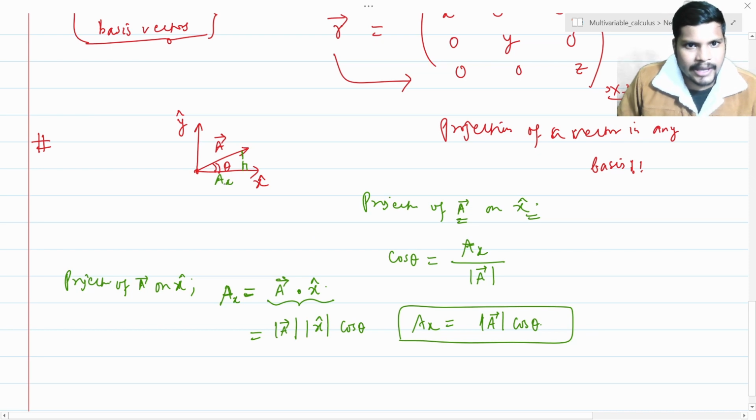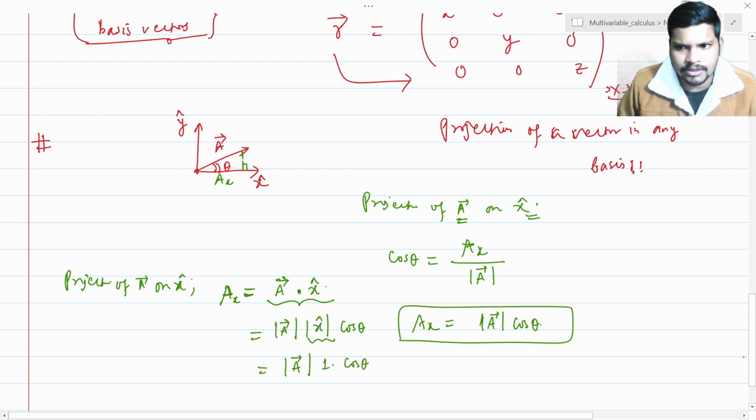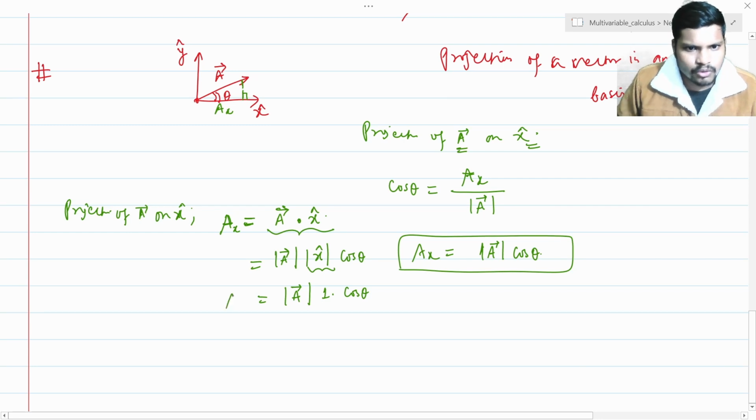Actually ax is parallel to x hat, therefore that angle would be 0 degrees. The magnitude of a vector could be anything. The magnitude of a unit vector is always going to be 1, and then there is cos theta. So ax would be a cos theta, or we can find it geometrically.